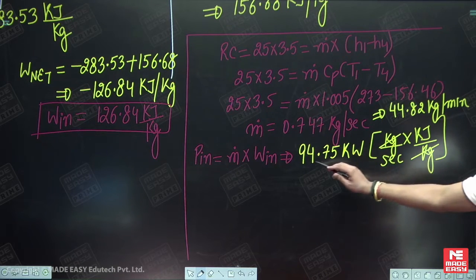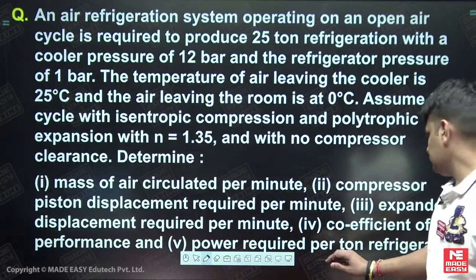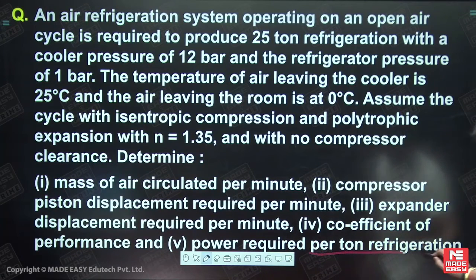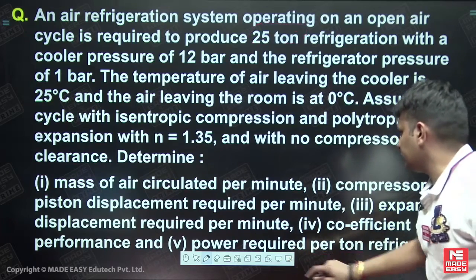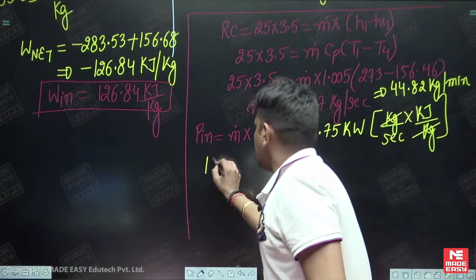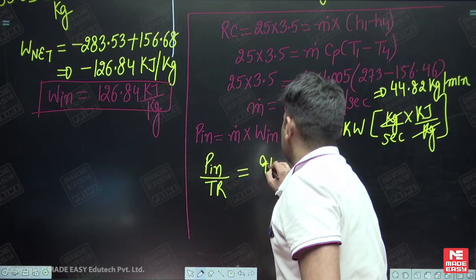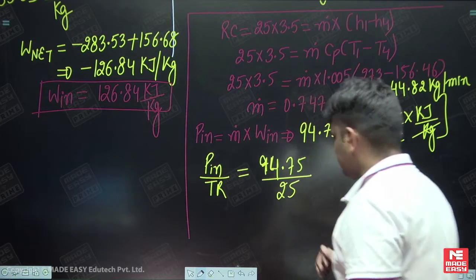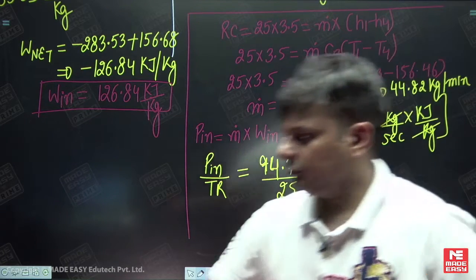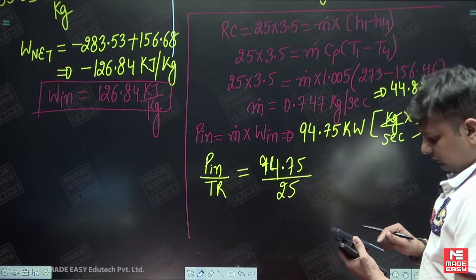Now this is the power input, but they are interested in the power input per ton of refrigeration. There are 25 tons. So the power input per ton of refrigeration is 94.75 upon 25.